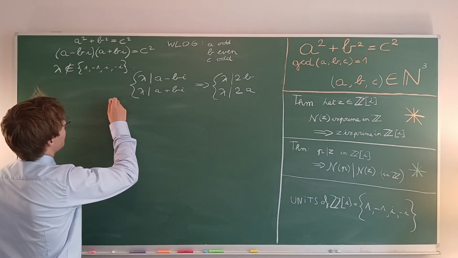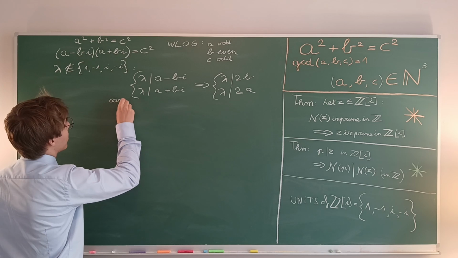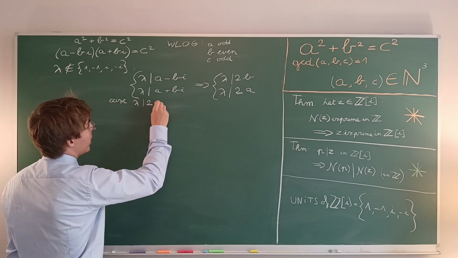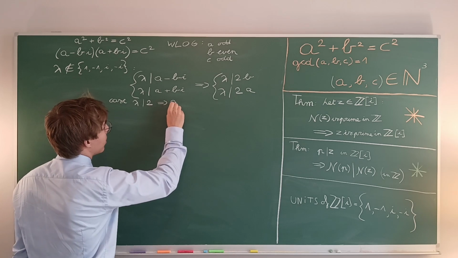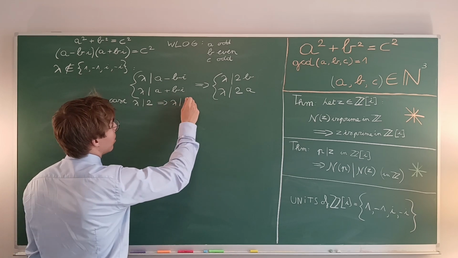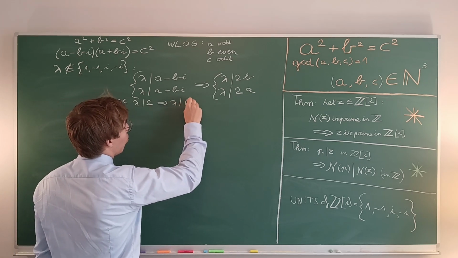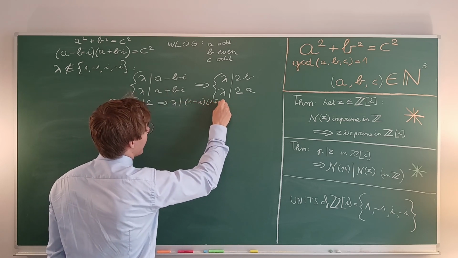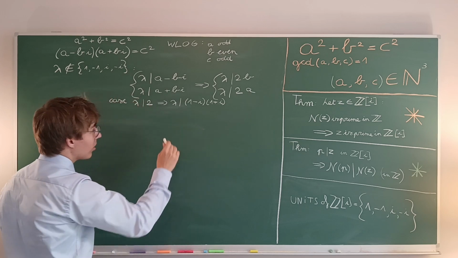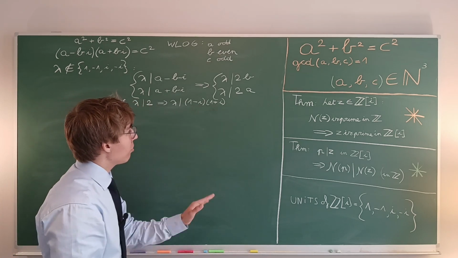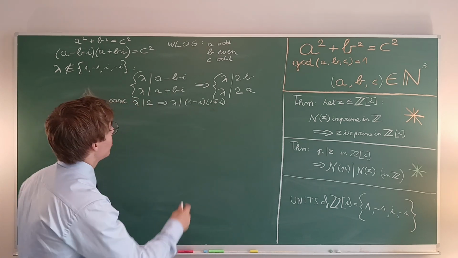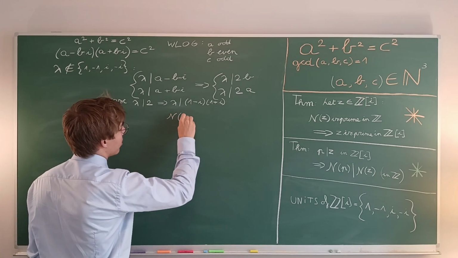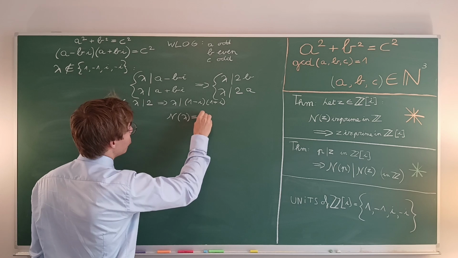Now, the first case, that lambda would divide 2, this means that lambda divides 1 minus i times 1 plus i. But these two primes have both norm equal to 2. So the norm of lambda would be equal to 2.